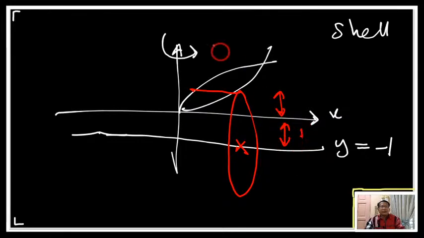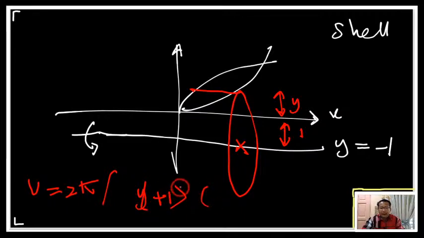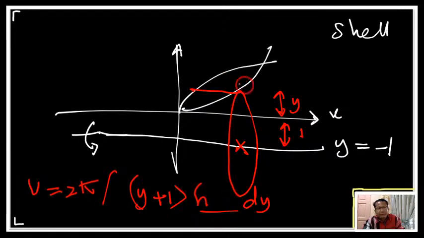Oh, sorry. Rotate about the x-axis. This one is 1 and this one is y. So V equal to 2 pi. Now it becomes y plus 1 and the height, dy. This one is right minus left.